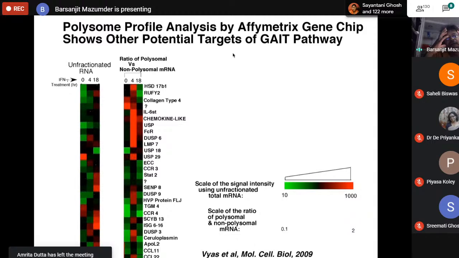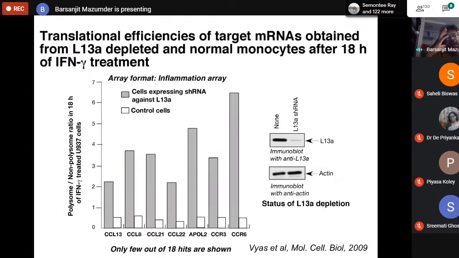So then, we did a lot of work at that time identifying each message separately. And this is one of the data from that endeavor. We deliberately knocked down L13A from the monocytes and then did polysome non-polysome ratio.